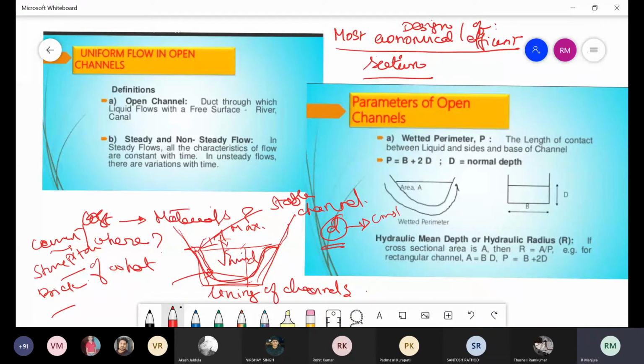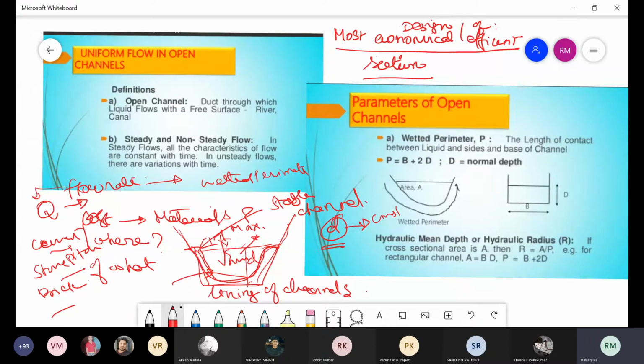So for a given discharge, what is the main parameter here? We are going to use Q because it is a flow. There is some flow rate, and water is flowing through the channel. So for a given flow rate, what should be the condition actually? Wetted perimeter.